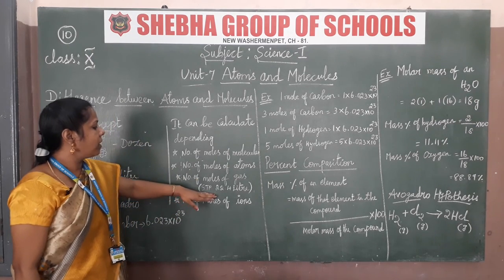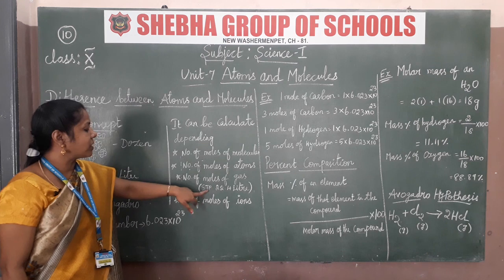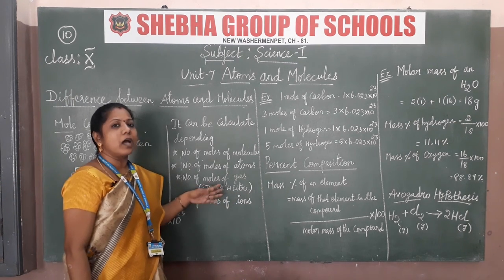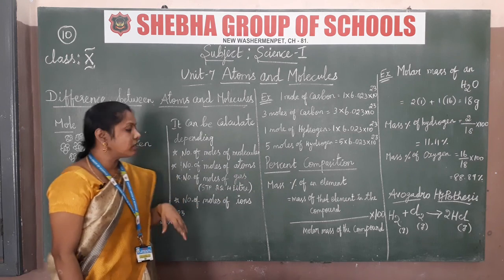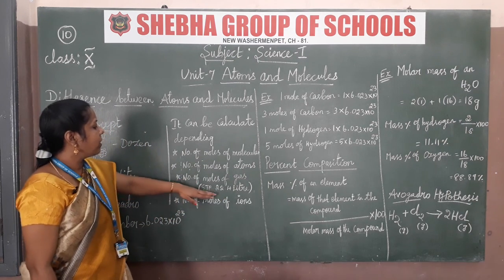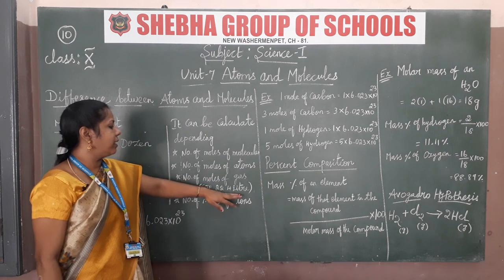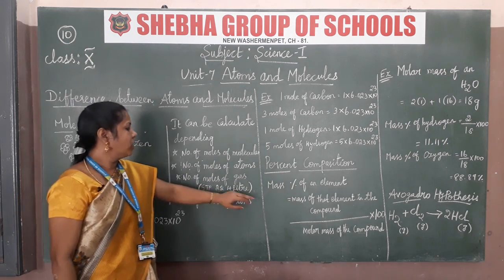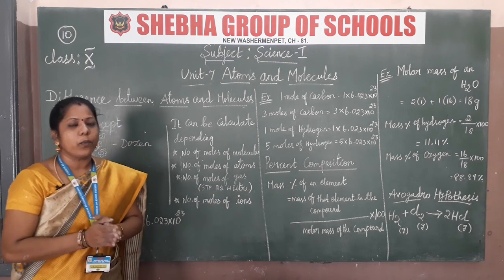So this is 1 atmospheric pressure, that is STP. That is 22.4 liter. This will also be asked in your examination for 1 mark questions. How we can calculate the number of moles using liter, that is 22.4. இதில் உங்களுக்கு ஆப்ஷன்ஸ் கொடுத்துருப்பாங்க. So you have to choose that 22.4.